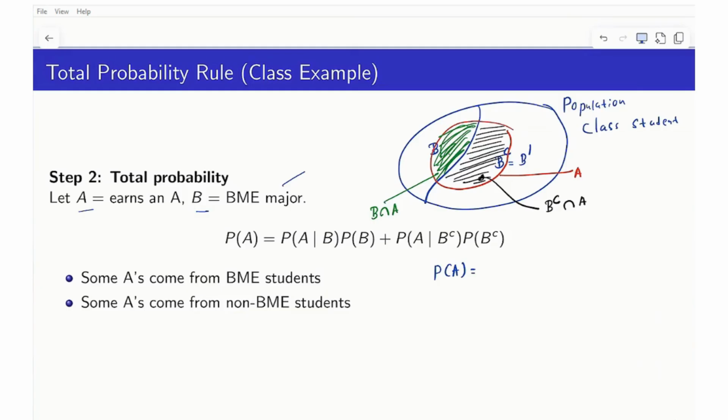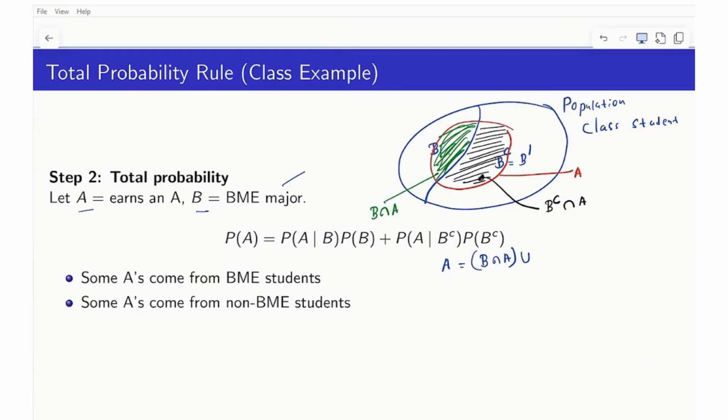The probability of A equals the probability of A intersect B, union with the other area, B^C intersect A. A is the area of the circle, and the order doesn't matter.